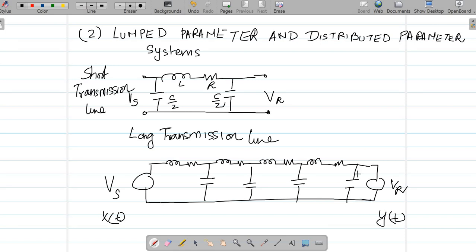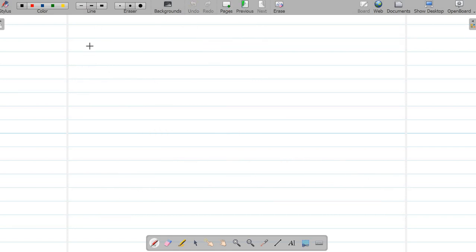So this is another type of classification, where the transmission line can be represented either as a lumped parameter system or a distributed one, depending on whether it is a short or long transmission line. This is our second classification. We go to the next classification, which is known as static and dynamic systems.